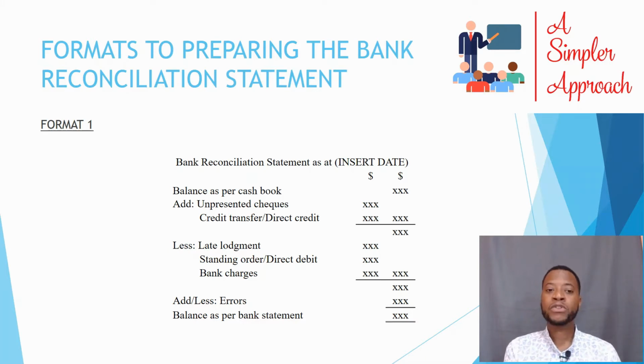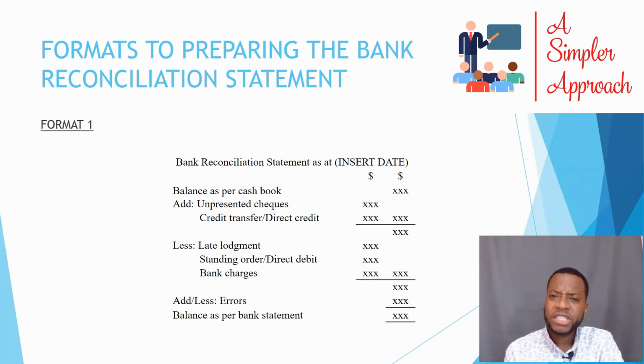All right? So you have the balance as per cash book, meaning the balance that comes from the bank section of the cash book. Add unpresented checks, add credit transfer or direct credit, subtract late lodgements, standing orders or bank charges. And if there are errors, sometimes errors take place.